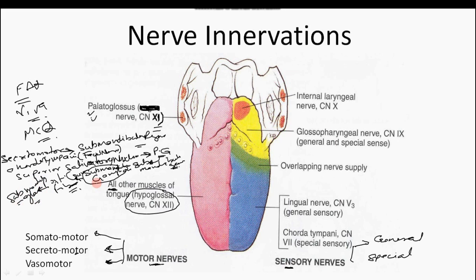Now next is vasomotor. This has also been explained in the submandibular region. There I explained the sympathetic nerve fiber, the sympathetic preganglionic fiber coming through the cervical plexus.